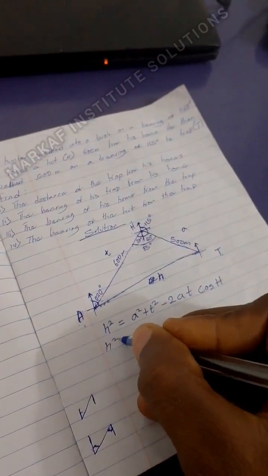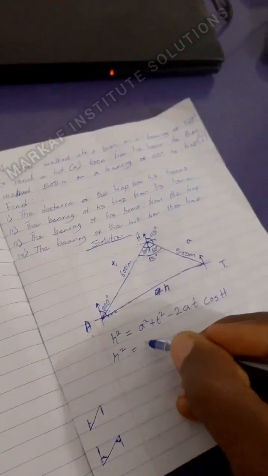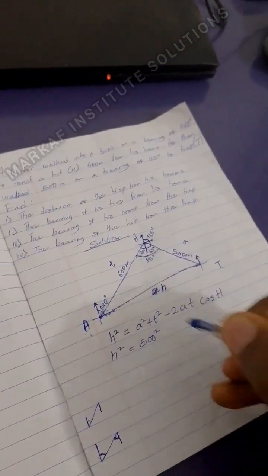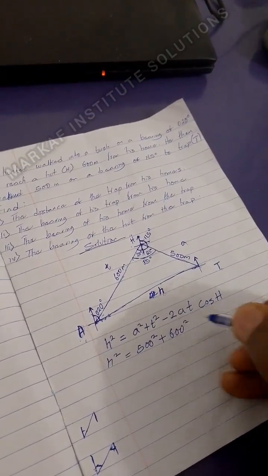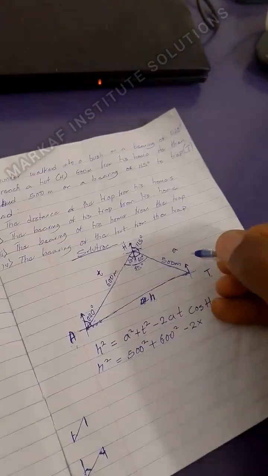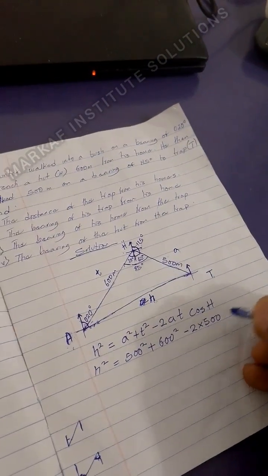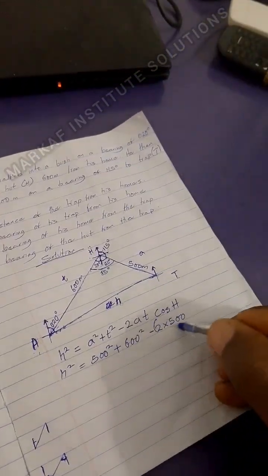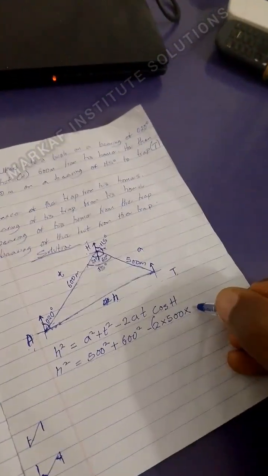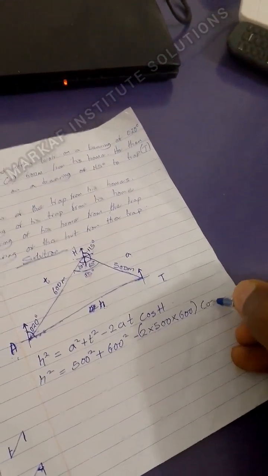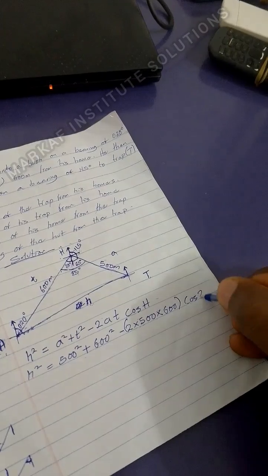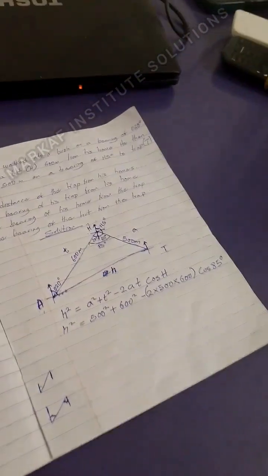Then we have h squared equals 500 squared plus 600 squared minus 2 times 500 times 600, cos 85 degrees.